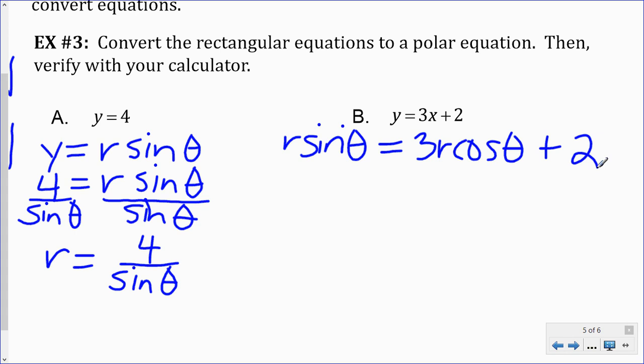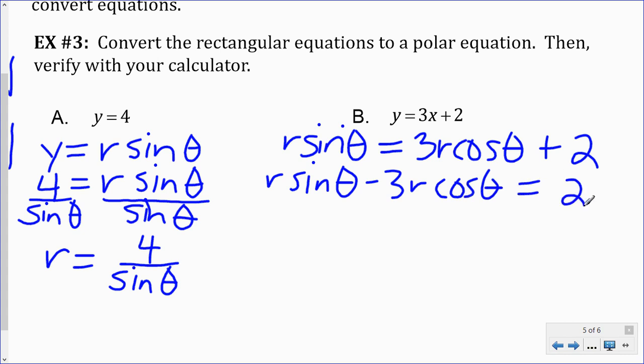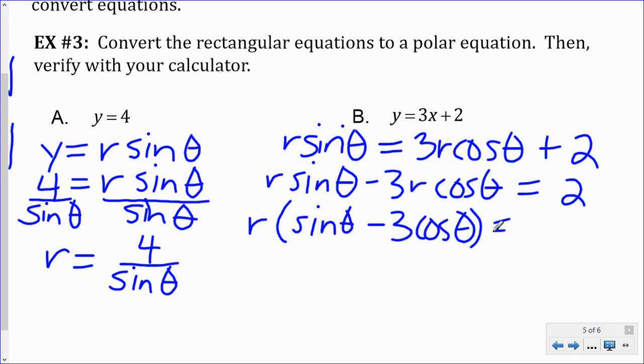So in order to solve for r, I would subtract the 3r cosine theta, bring it over to the left side. And then we can factor out r on the left side. So that'll leave r times sine theta minus 3 cosine theta equals 2.